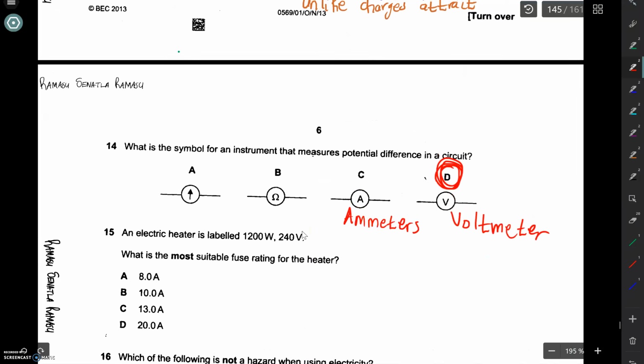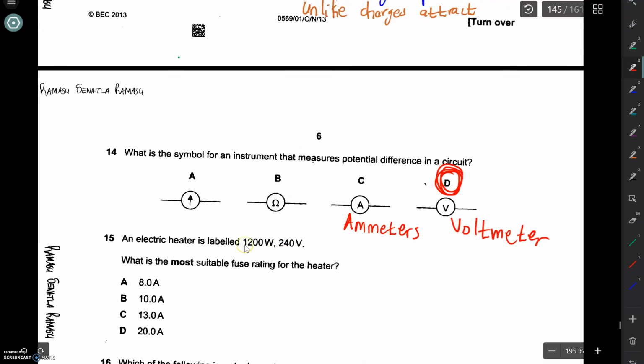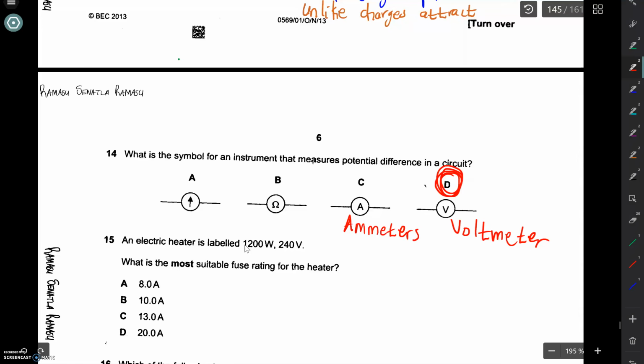Question 15 says an electric heater is labeled 1200 watts and 240 volts. What is the most suitable fuse rating for the heater? Okay, so you have the power rating and the voltage rating of the electric heater.